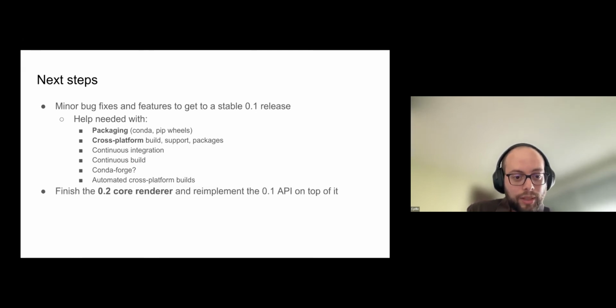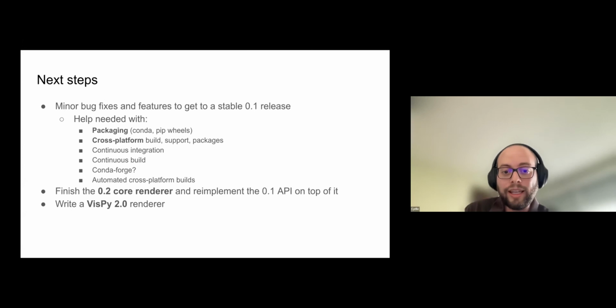And at the same time, I want to finish the 0.2 core renderer that is in good shape, so that then I can re-implement the scientific visualization high-level API on top of it. And then I can work on a VisPy 2 renderer. But for that, we need to discuss more about the protocol and the intermediate layer.